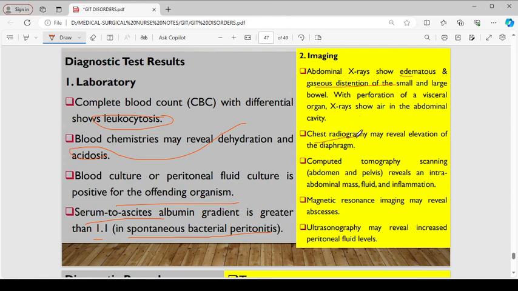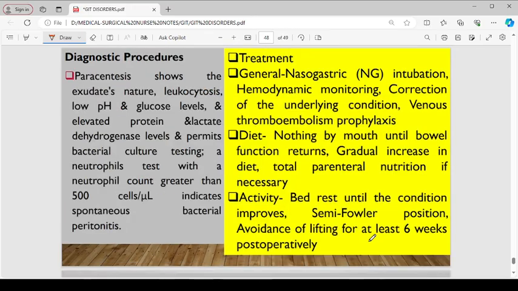Chest radiography may also reveal elevation of the diaphragm, while CT scanning may reveal intra-abdominal mass, fluid, and inflammation. MRI may reveal abscess, while ultrasonography may reveal increased peritoneal fluid levels.